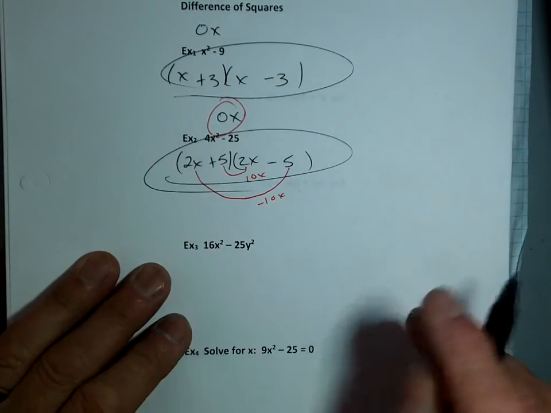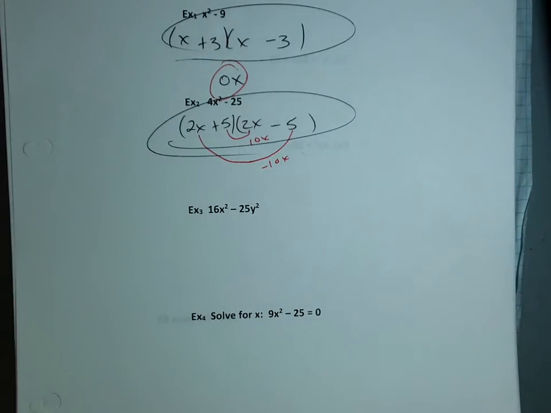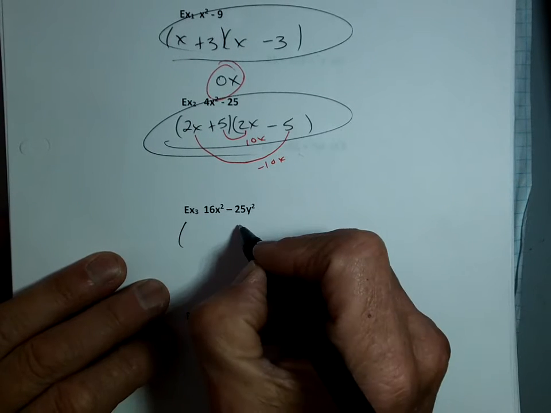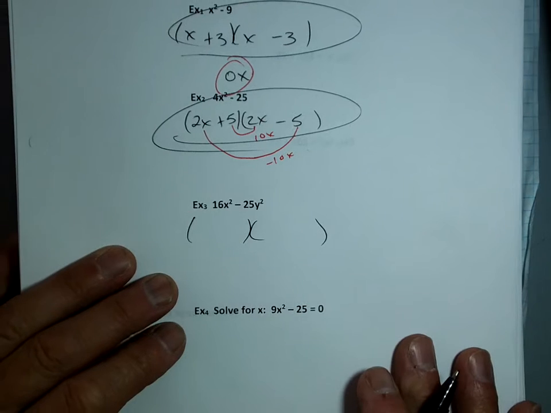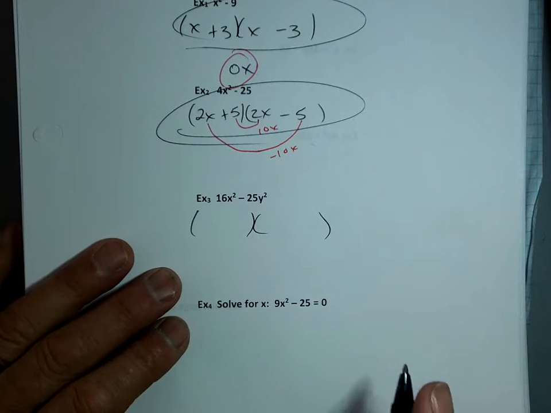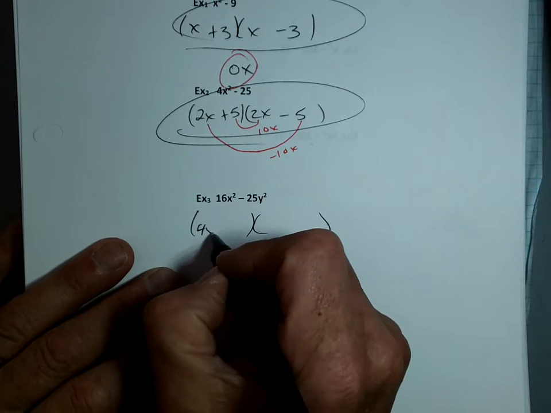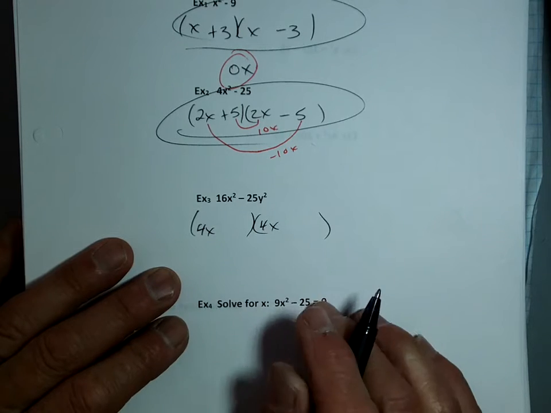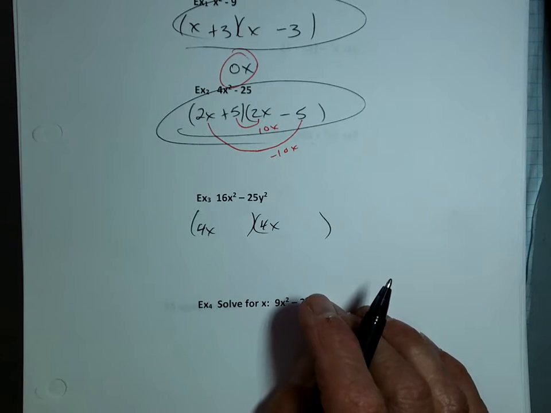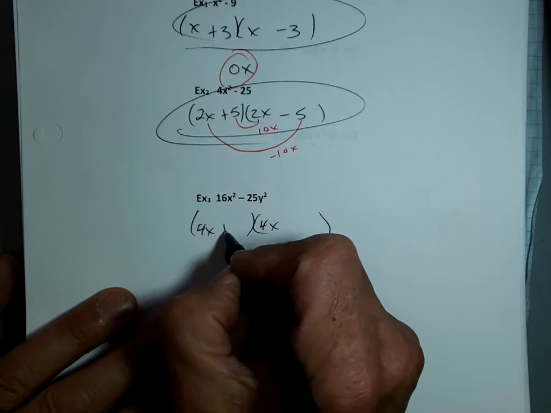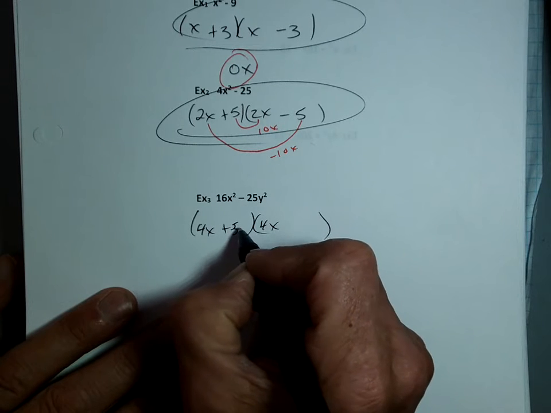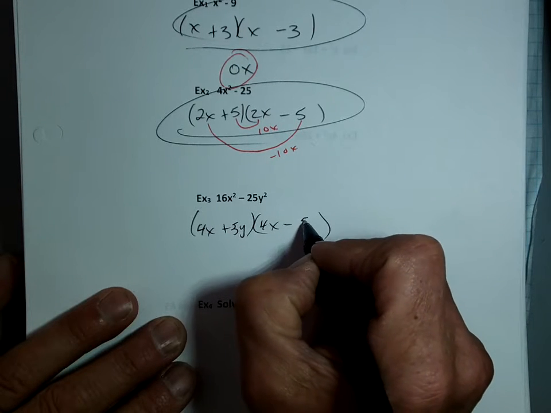Number 3, same kind of problem except for just a little bit bigger. I'm going to go parentheses, parentheses. I'm going to make a 16x squared with a 4x and a 4x, right? And I make the 25y squared with a plus 5y and a minus 5y.